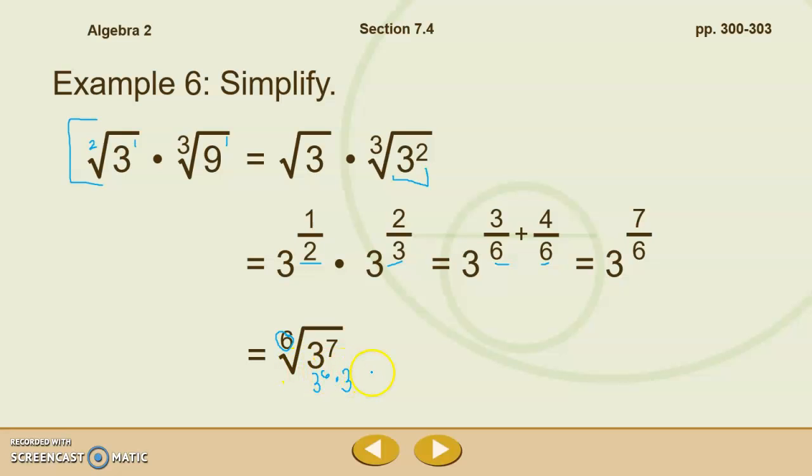So I could write 3 out 7 times, or you can just see it's 3 to the 6th and 3 to the 1st. And then I can take the 6th root of each. The 6th root of 3 to the 6th is 3, and the 6th root of 3 to the 1st cannot be simplified. So we're left with 3 times the 6th root of 3. And that is as simple as we can get it.